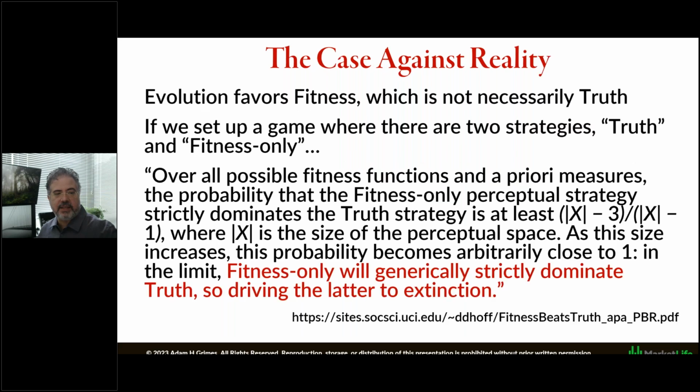Let's dig into this a little bit. So Dr. Hoffman's point is that he goes through some game theory thinking, and I'll just point out here, maybe arrogantly, where I think a couple of the mistakes might be in this work.